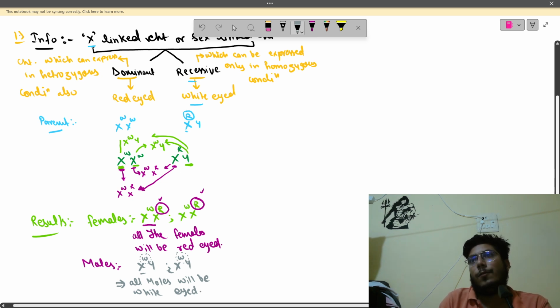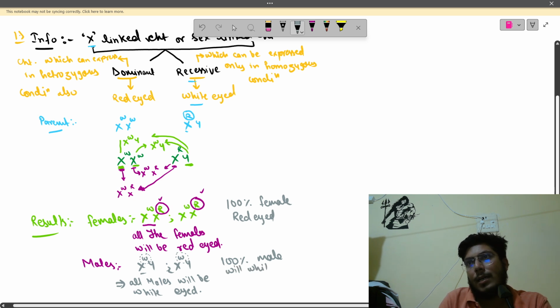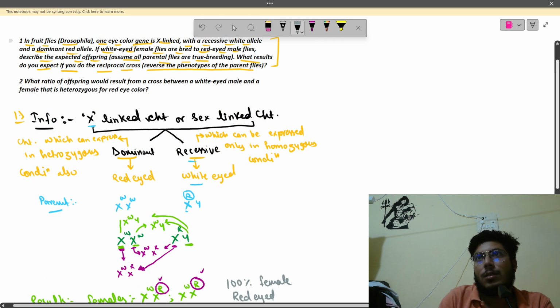So basically, 100% of females will be red-eyed and 100% of males will be white-eyed. This was the first part of the given question.